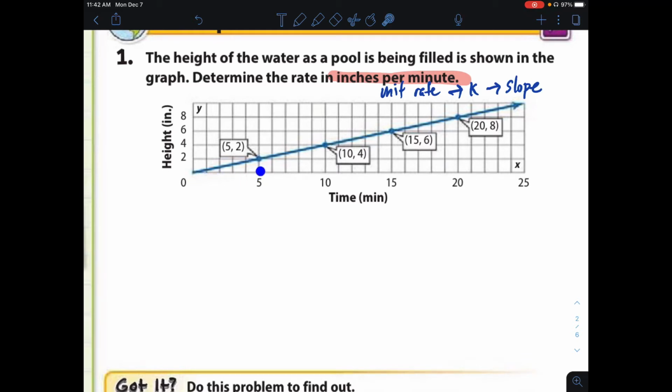In 5 minutes, the height of the water in inches is 2. In 10 minutes, you have 4 inches of water. In 15 minutes, you have 6 inches of water. And in 20 minutes, you have 8 inches of water. And those are all represented by your ordered pairs.